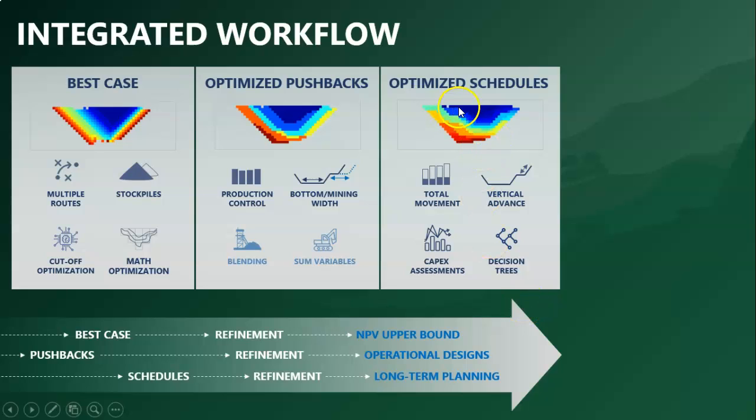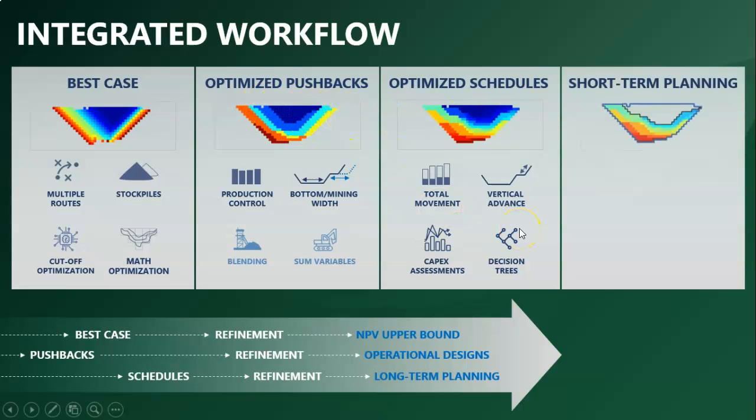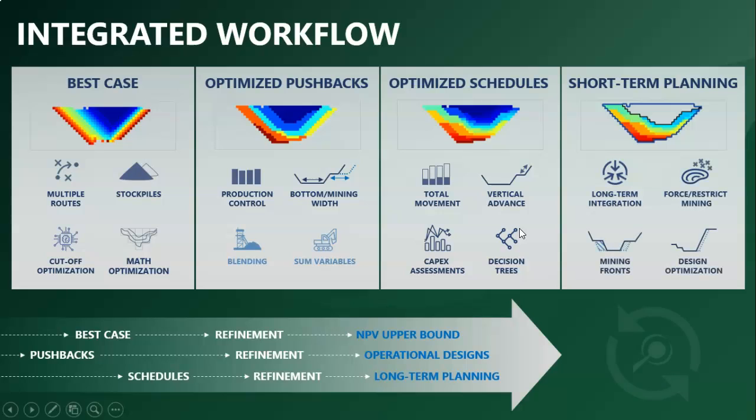So here, we decide what is the sequence inside the pushbacks. So we can also integrate the short-term with the long-term planning, adding a surface of restriction and first mine. So doing this, we define an area and we can work, mining just inside this area here.